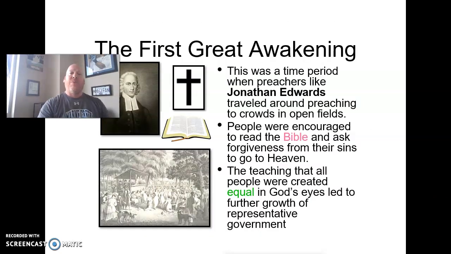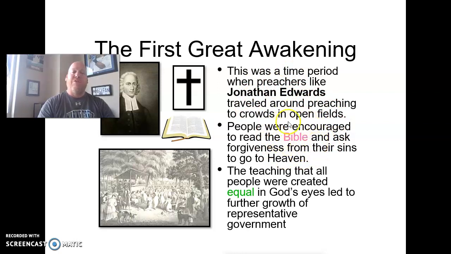And then lastly, religion played into this idea of representation and democracy as well. The First Great Awakening took place during the revolutionary time period here in America, and preachers like Jonathan Edwards went around the country preaching in open fields.